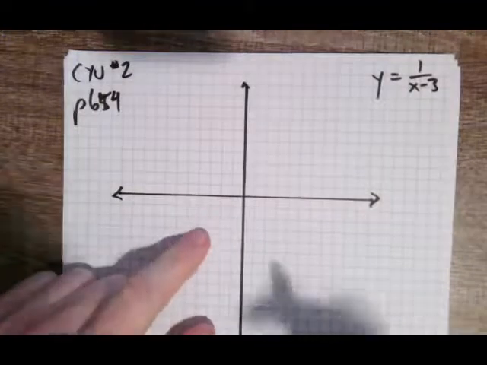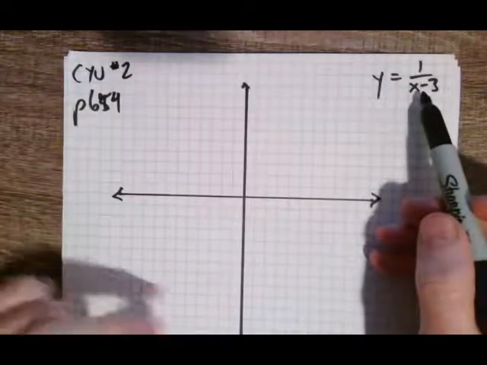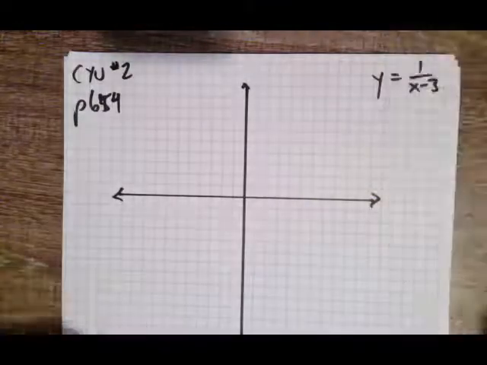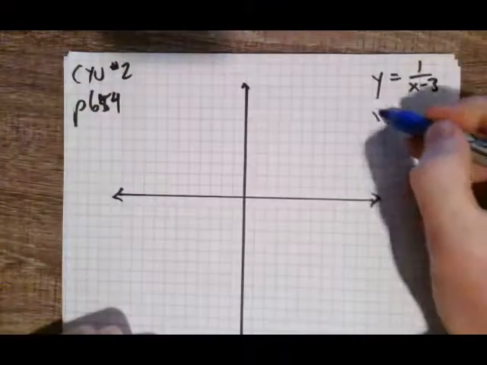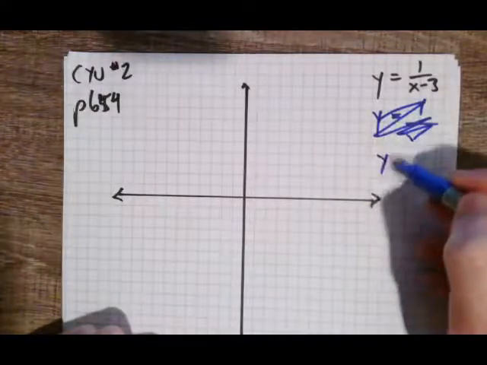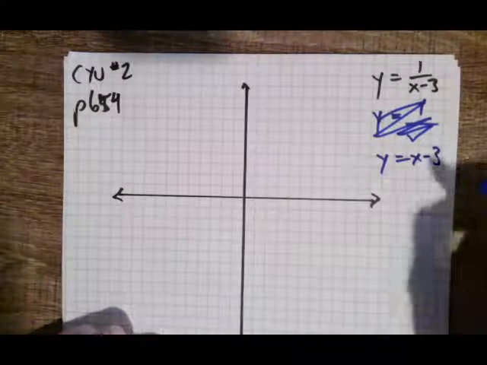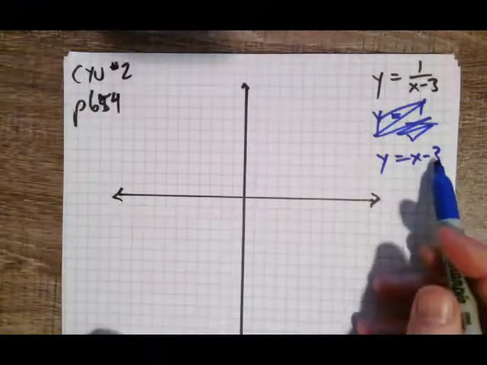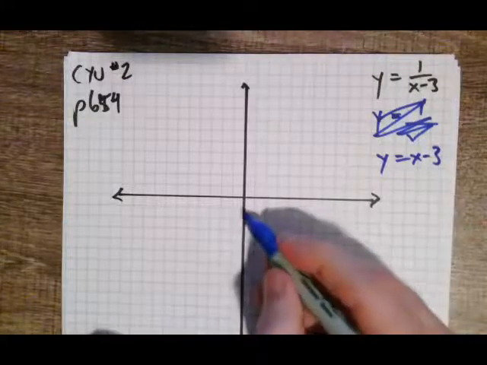All right, so one of the easier ways to do this is to first graph its reciprocal, y equals x minus 3. Start with that. Negative 3 is the y-intercept, 1, 2, 3.